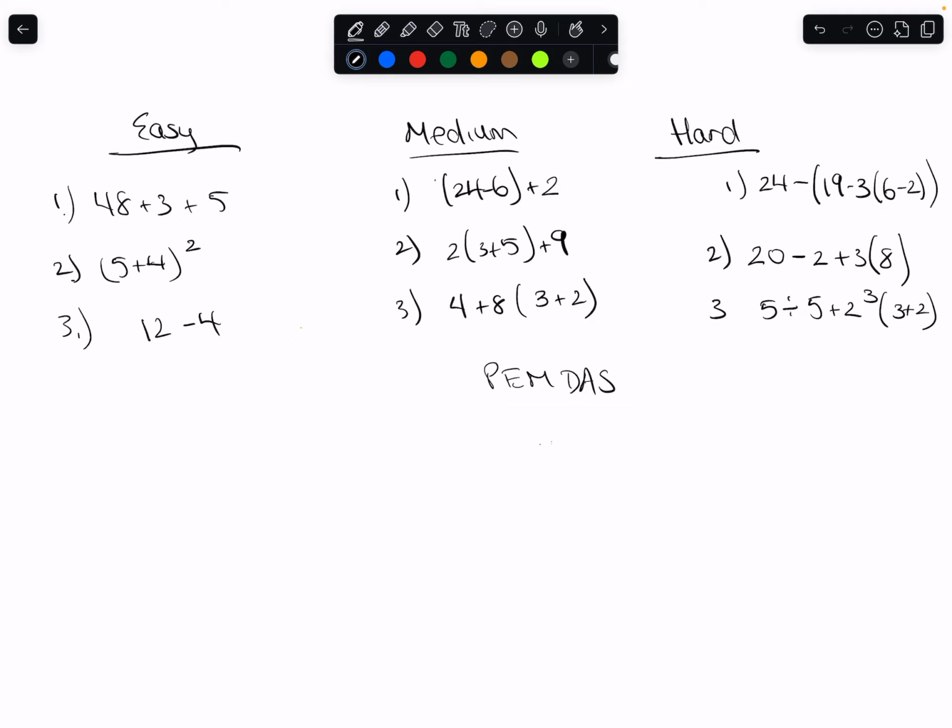I want us to work on getting the steps down so we don't get confused. First, we do 48 plus 3 is 51. Then anything else we didn't use, we bring it down. Then 51 plus 5 becomes 56. So the answer for this question is 56.